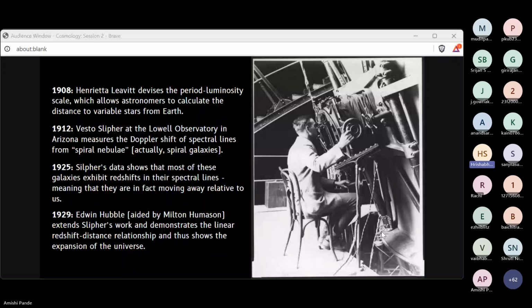And it was further in 1929 that Edwin Hubble, by the way, as you can see, it was in 1925 that we did see stars are moving away. But I don't know how many of you know about this 1925 Slipher data, and most of you might know about the 1929 Hubble experiment. So why was Hubble given more importance than Slipher?